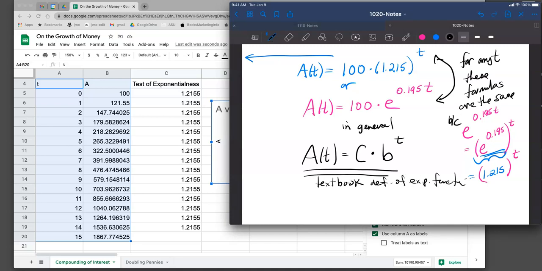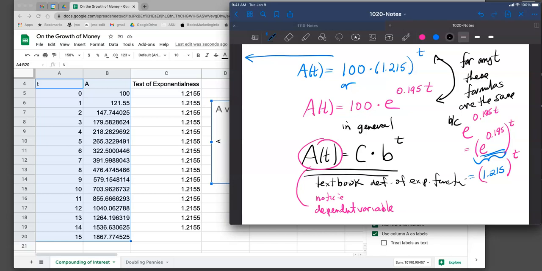Please notice the form of this function. We have a variable, our dependent variable. In the examples we've been looking at, the dependent variable is the amount of money in an account.